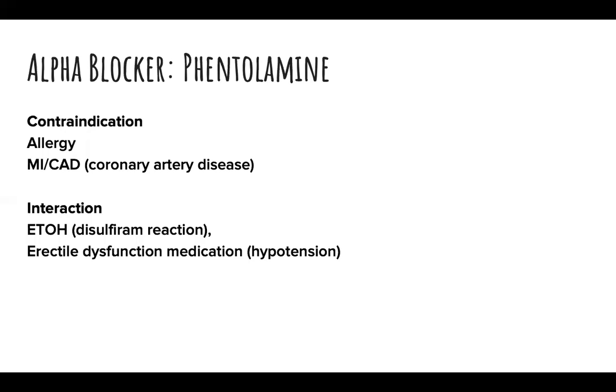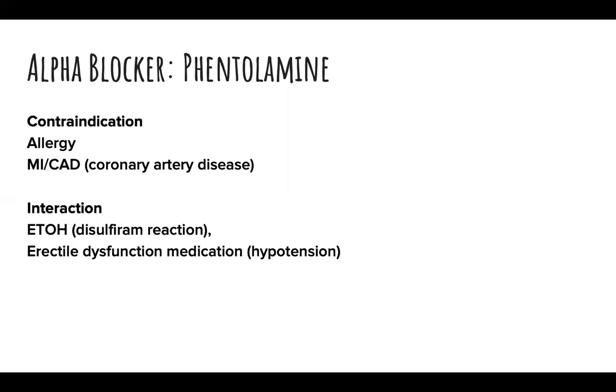This is called a disulfiram reaction. If you remember back in chapter 17, we talked about disulfiram. Another word for this medication is called antabuse. When somebody is taking disulfiram or antabuse and they drink alcohol, they become very sick. That disulfiram or antabuse is a deterrent for somebody who has alcoholism.